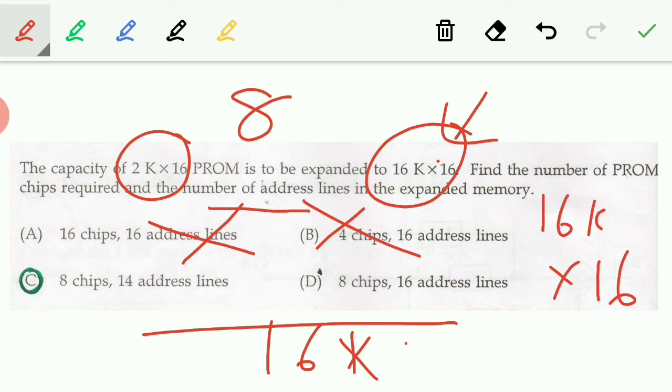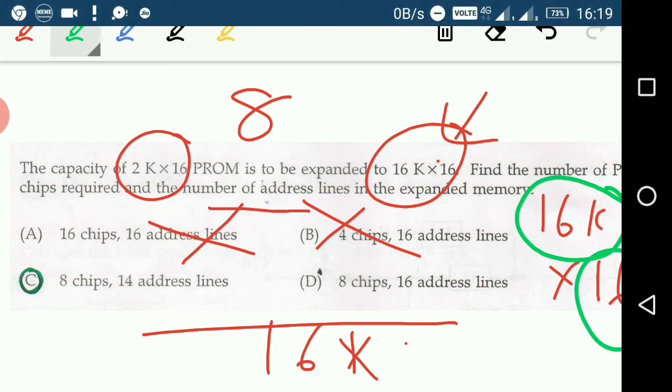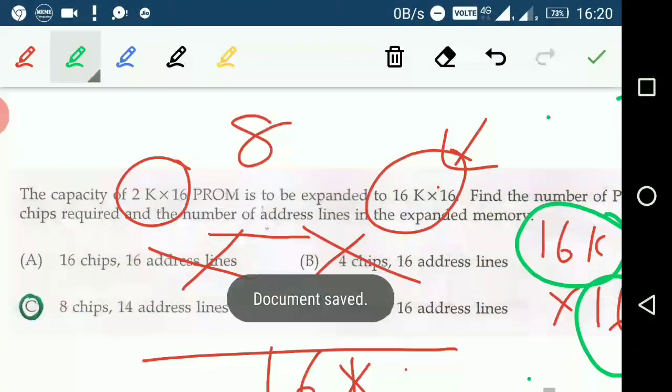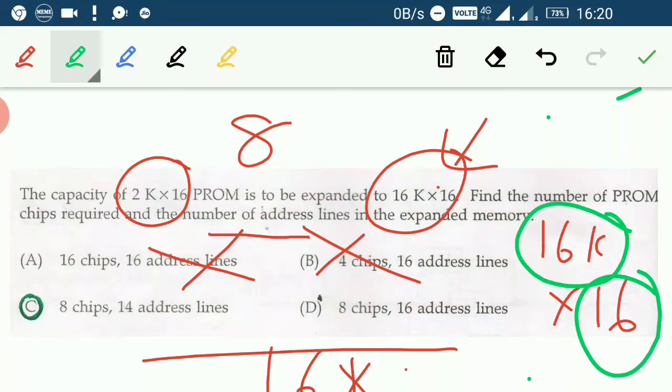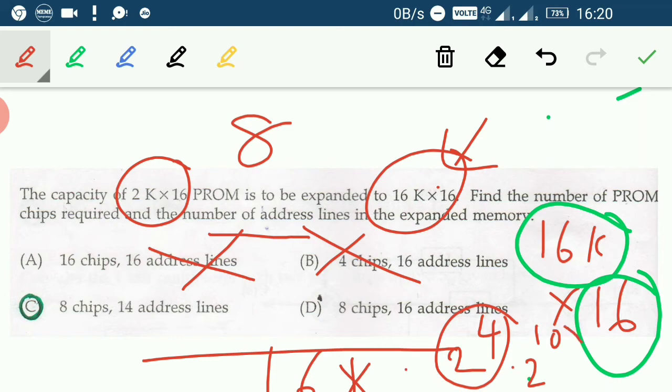So we know that whenever you specify memory, the first one is address, the second one is data. So the address is 16K, which means 2 power 4 into 2 power 10, because 16 is 2 power 4, kilo is 2 power 10.